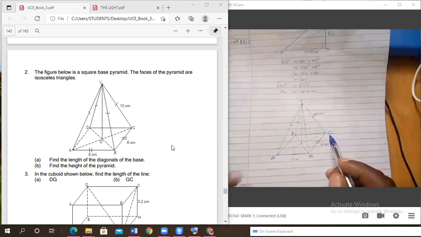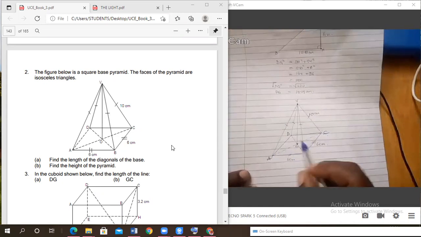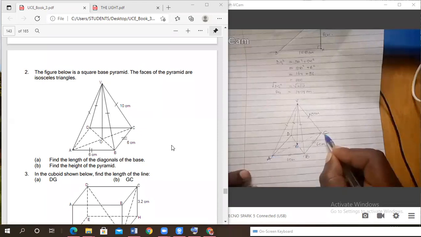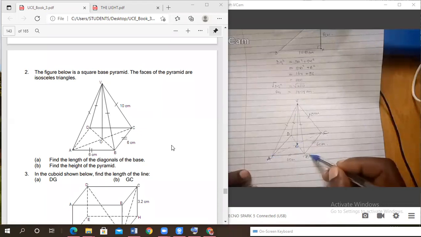So for me to do that, I know that from A up to the center is half of AC. In other words, at the center here, the diagonal AC is bisected into 2. So AO is equal to OC. The diagonal is bisected into 2 at the center O. And also BO is equal to OD.